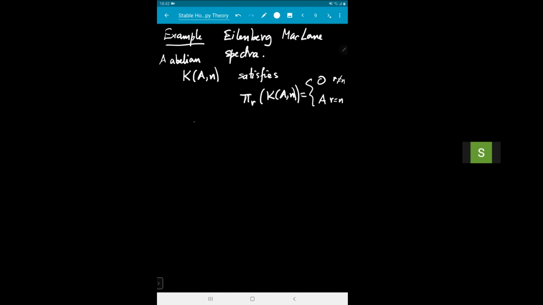All right. So now you will observe that K(A,n) is equivalent to the loop space of K(A,n+1), and by the suspension-loop adjunction, this induces a map from the suspension of K(A,n) to K(A,n+1).